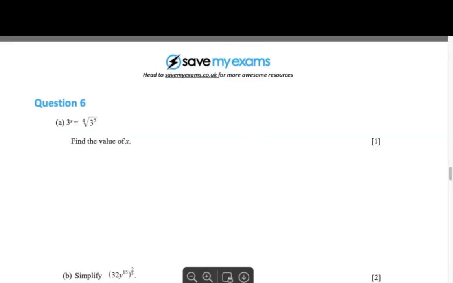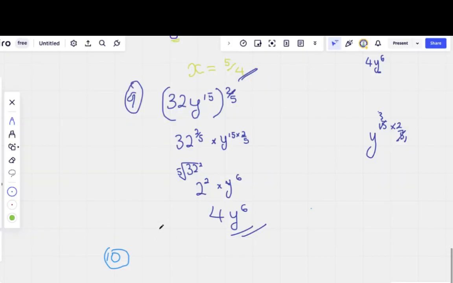So quickly, let's see if we can find a similar question. Okay, we have this question. Simplify 64q to the power of negative 2, then everything to the power of half. You can do this one, right?